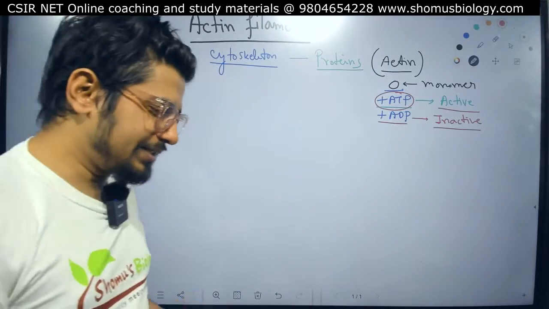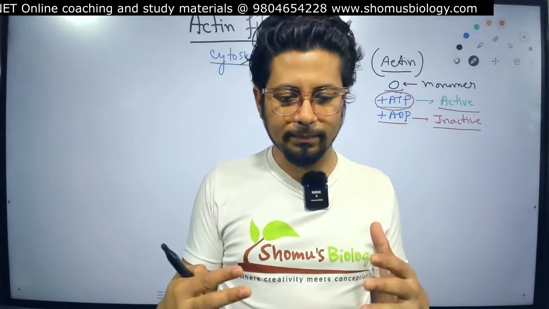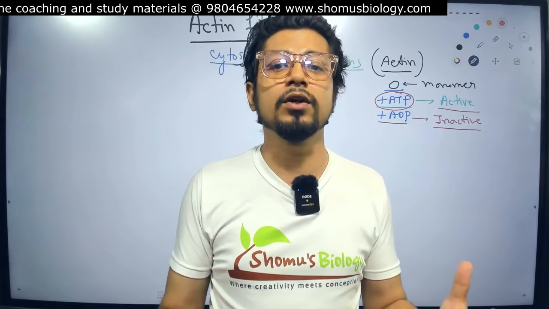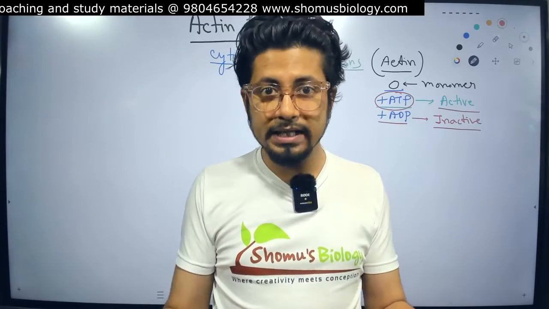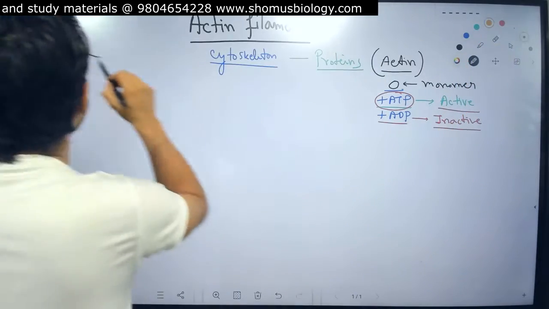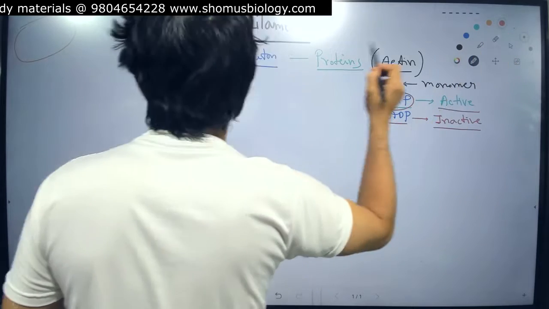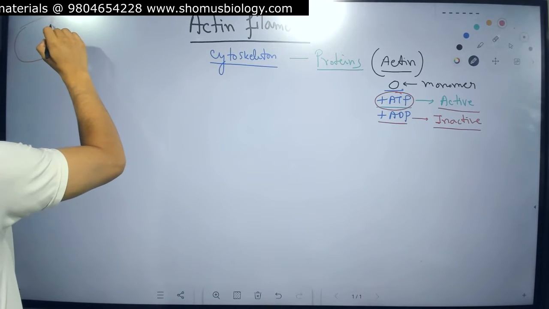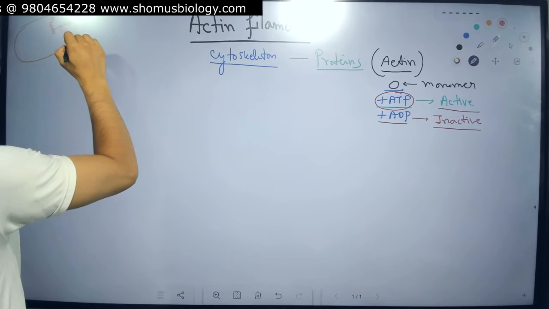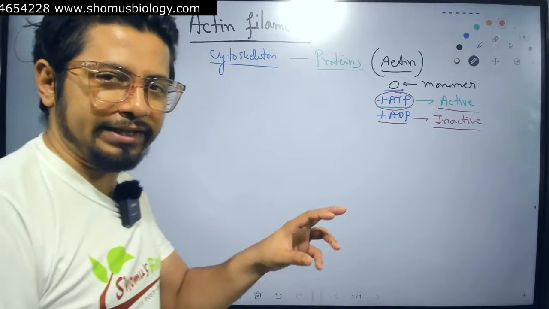Now, I told you that the actin filaments are one of the predominantly found structural components of the cytoskeleton in the cell. So, what happens is that if you consider that this is the cell, this is how the cell looks. Inside the cell, we have these actin filament structures forming, and they continue to form and interact towards the cell membrane, and they can push the cell membrane to move towards any particular direction.